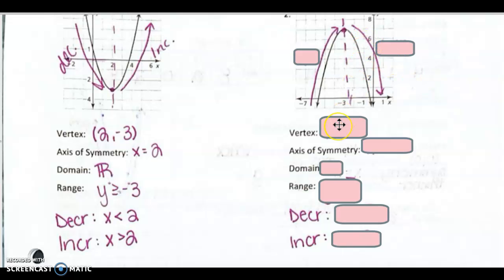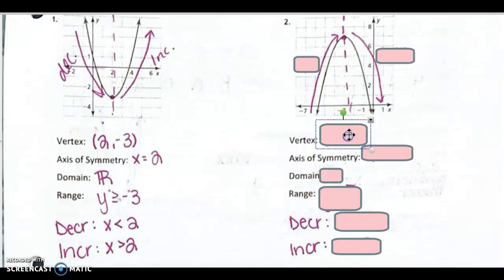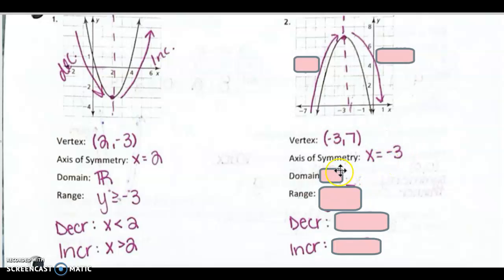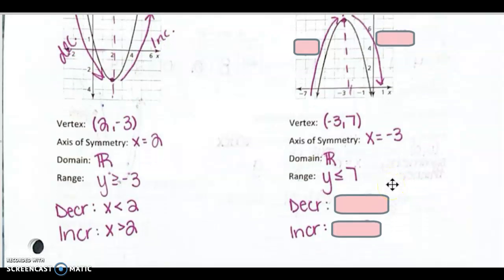Okay, so number 2 over here, our vertex for this one's -3, 7. Axis of symmetry is -3. Domain's always all real numbers. Range, okay, still using this y value, 7. And then it opens down, so all of these numbers are less than 7. So y is less than or equal to 7.